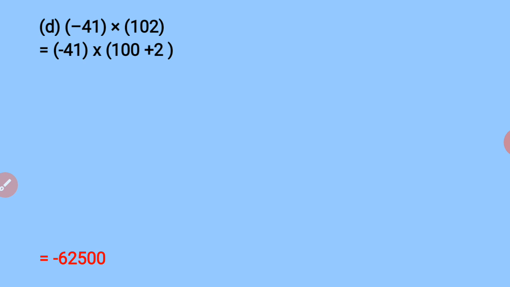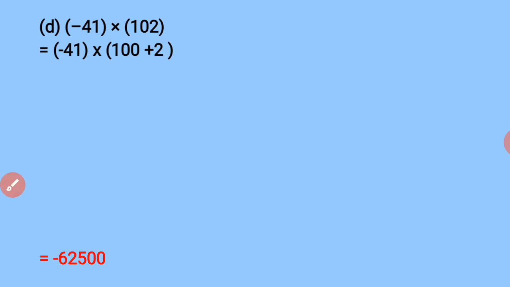After this, we are going to use the distributive property, and distributive property tells you that this minus 41 is to be multiplied by 100 initially, then it is to be multiplied by 2. So you will get two separate brackets. First bracket will have minus 41 into 100, that multiplication is very easy. And then the another bracket will have minus 41 multiplied by 2.